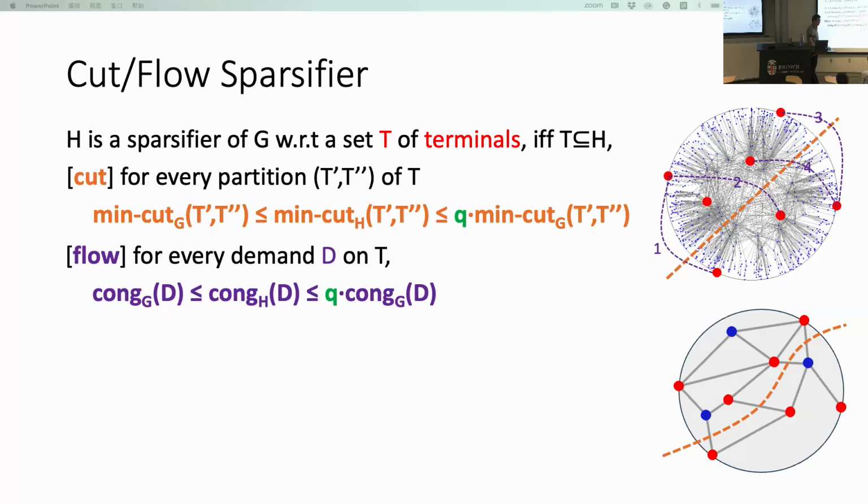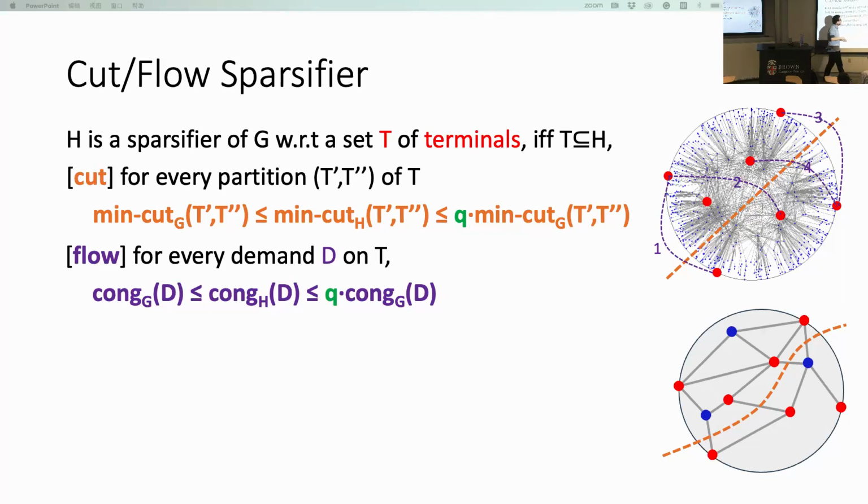Yeah, so the congestion of routing that demand in the graph is basically how much I have to inflate the edge capacities in order to accommodate such a flow. So I want to route 1 from here to here. If all the edges have capacity 0.1, then I have to inflate them 10 times in order to accommodate such a flow really sending 1 unit from here to here. That makes sense?